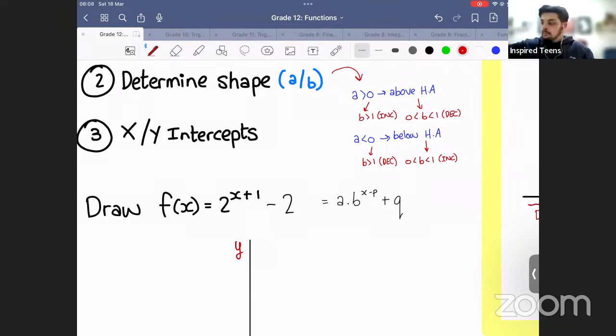It's above, so it's not below, because we have to look for the coefficient of our exponential term. Is it negative or is it positive?